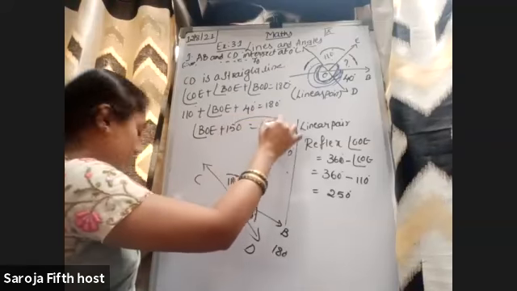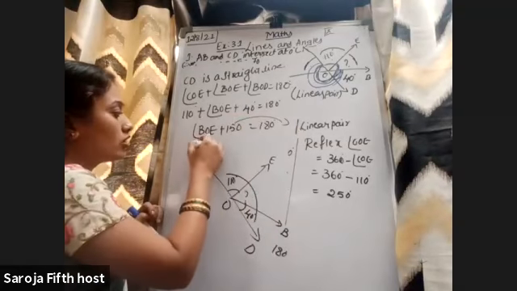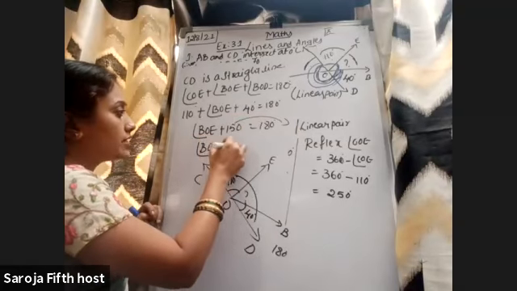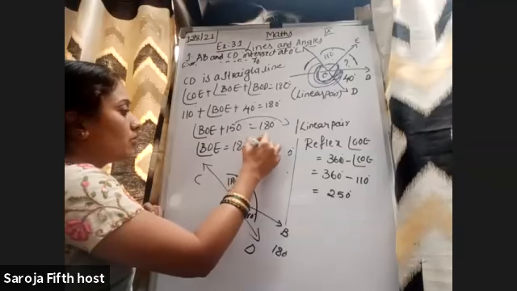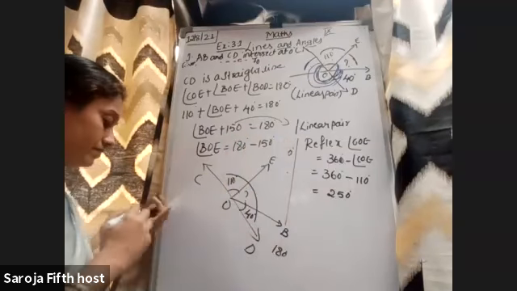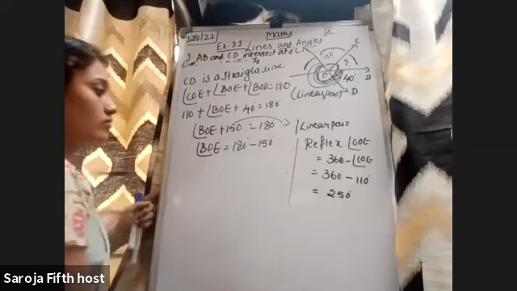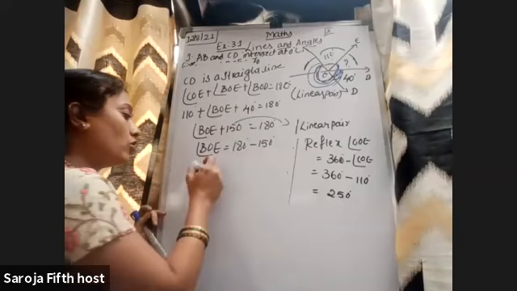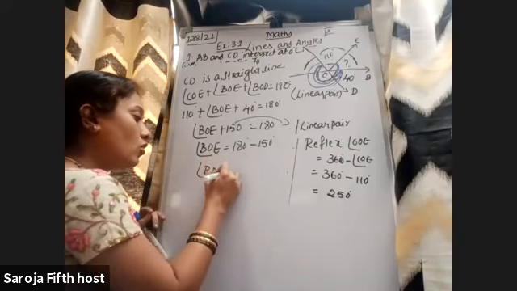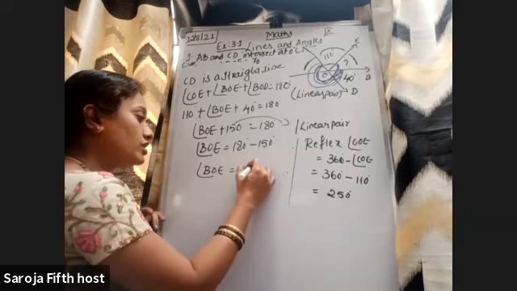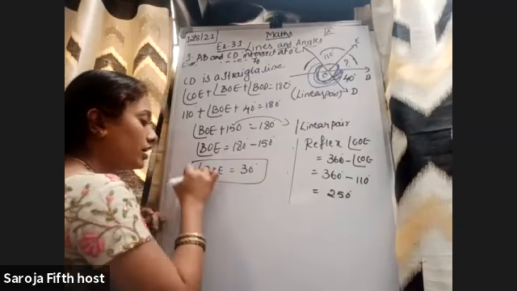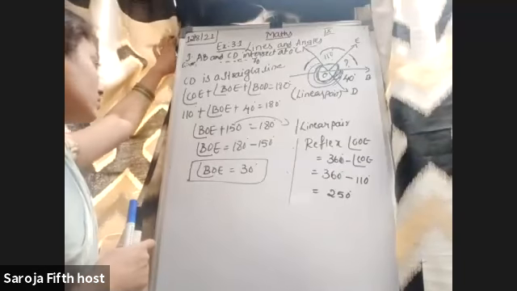Now 150 degrees, I will shift to this side. So BOE is equal to 180 minus 150, which is equal to 30 degrees. Is it clear? Yes, ma'am.